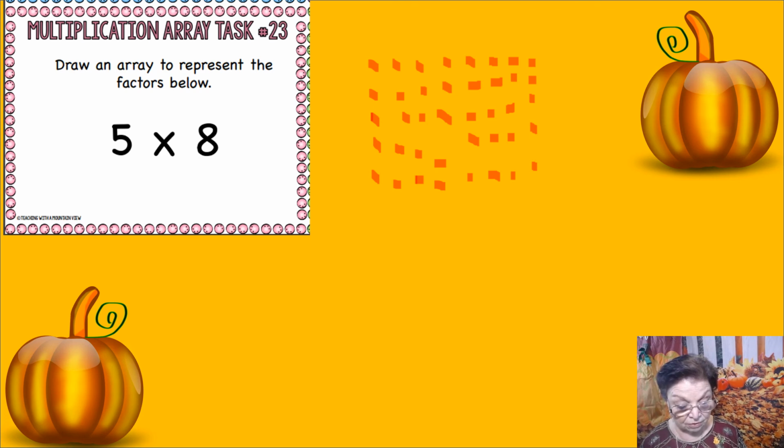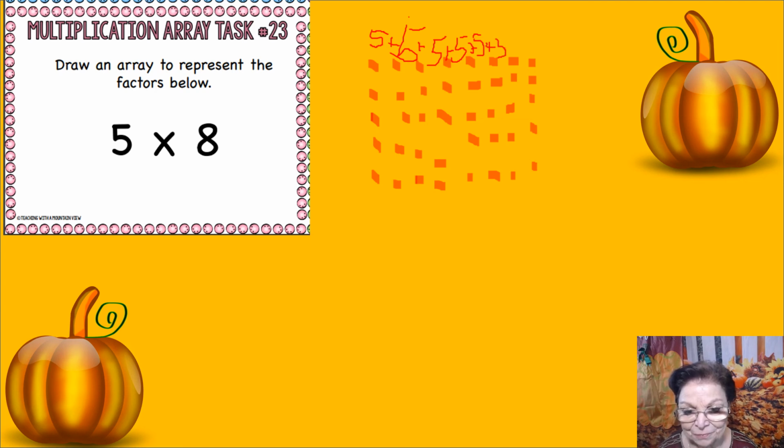So we'll have there's 5 in this row, plus 5 in this row, plus 5 in this row, plus 5 in this row, plus 5 in this row, plus 5 in this row, plus 5 in this row, plus 5 in this row.